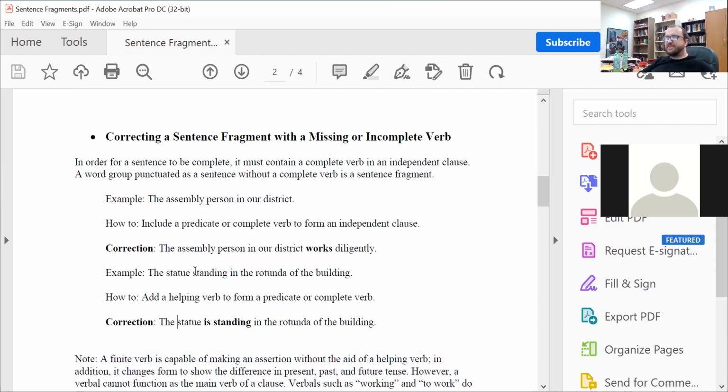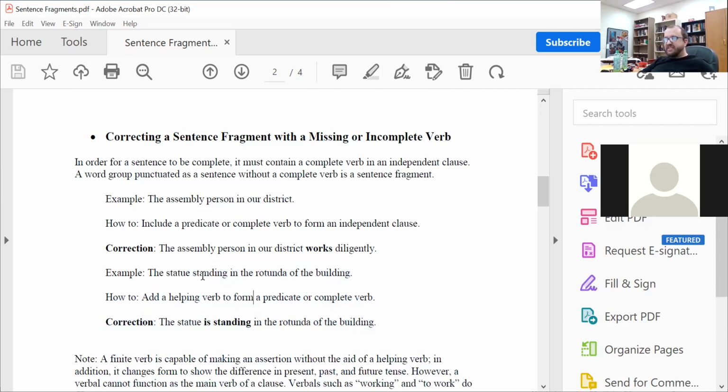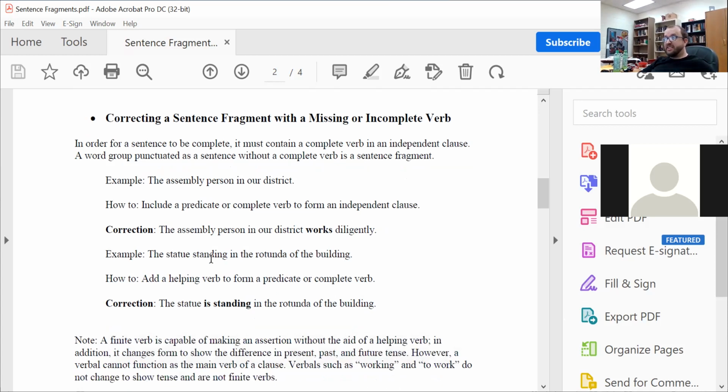But oftentimes, like I said, I'll see sentence fragments that start with the ings. So I'll see sentences that say standing in the rotunda of the building, period. Right. Well, what's standing in the rotunda of the building? The statue. Sometimes you need to just spell it out.